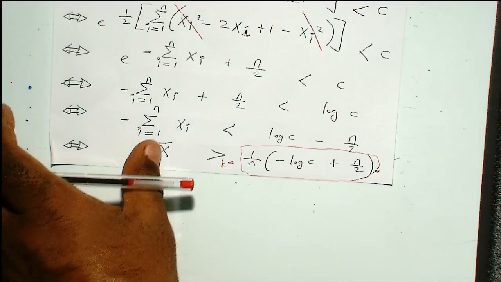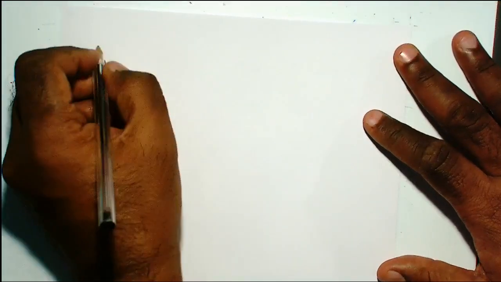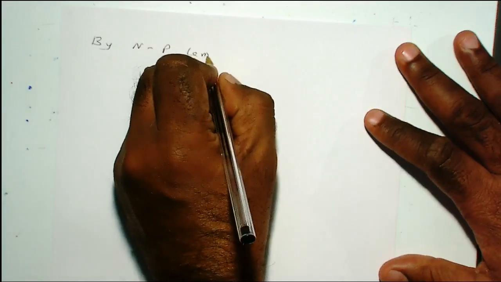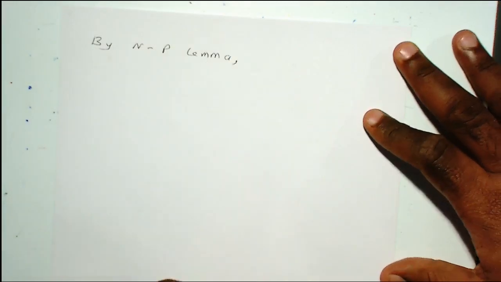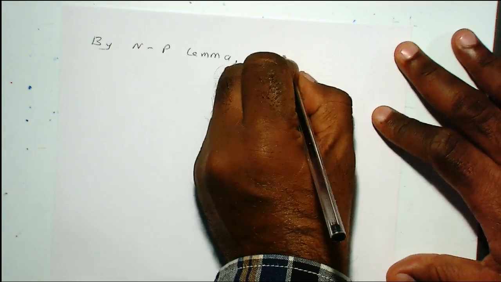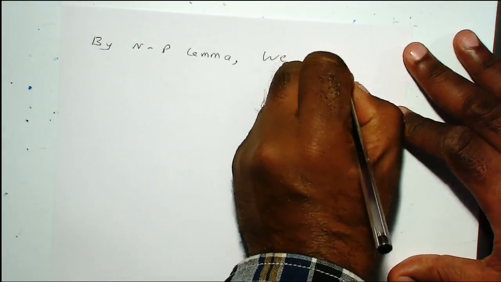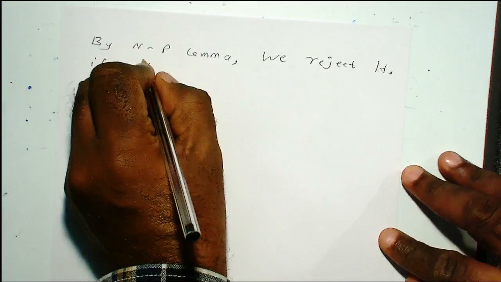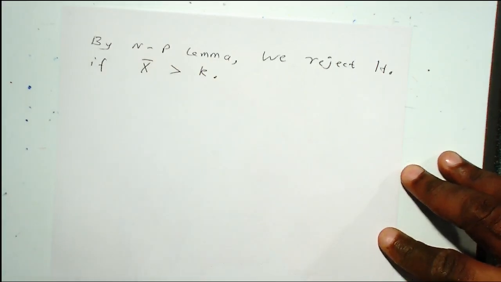So the story so far is that by NP lemma, we reject H0 if the sample mean is greater than a constant k.